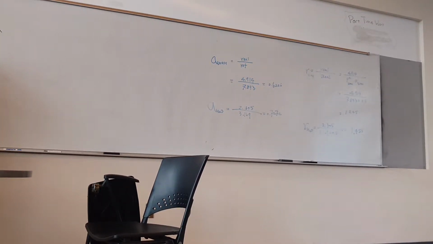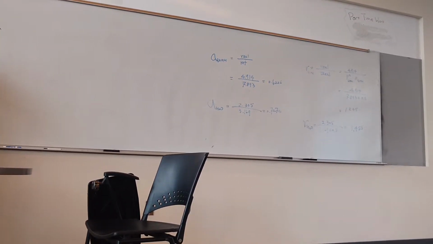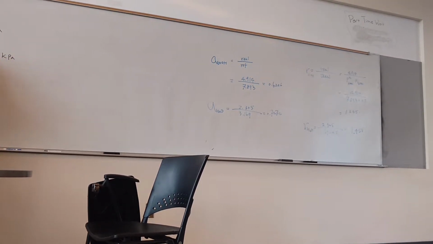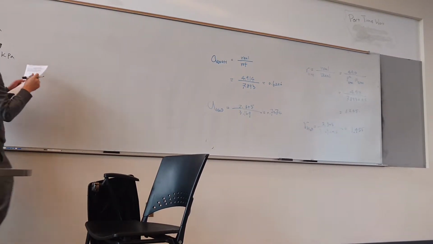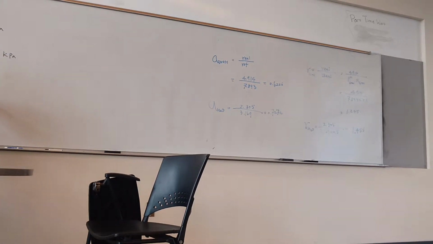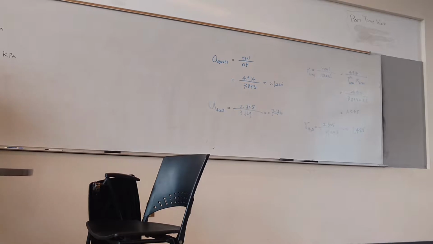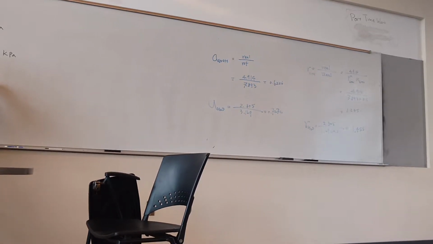And the P benzene star is equal to 102.4 kilopascal. We want to calculate first the P total at this temperature when the mole fraction of the solution is 0.5.